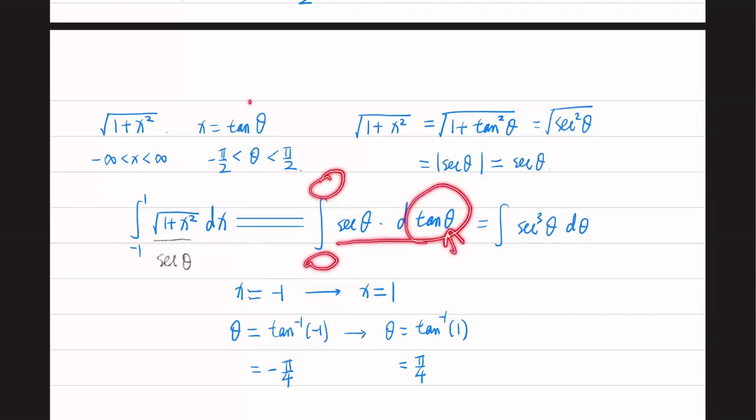Use this 1-to-1 correspondence. Previously, x went from -1 to 1, and for theta, using the arctangent, we compute -π/4 to π/4. This is very important. You have to change the limits with the variable.